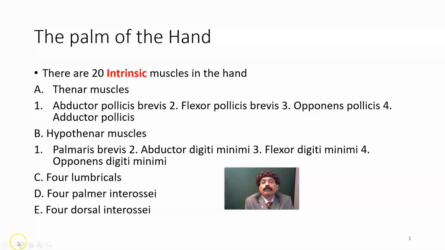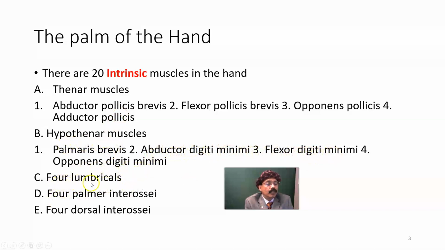In the palm of the hand, we have 20 intrinsic muscles. The thenar muscles are abductor pollicis brevis, flexor pollicis brevis, opponens pollicis, and adductor pollicis. We have to identify these muscles in our dissection hall. The hypothenar muscles are palmaris brevis, abductor digiti minimi, flexor digiti minimi, and opponens digiti minimi.